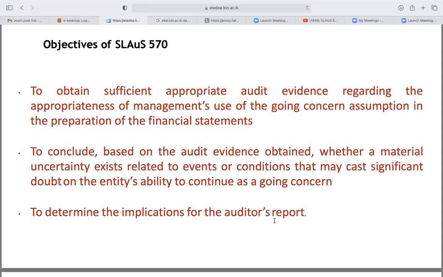We need to say there is no going concern of this organization, right? So that is why we have SLAS 570 going concern standard in the auditing standards, right?